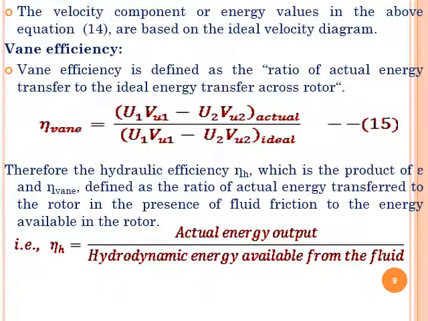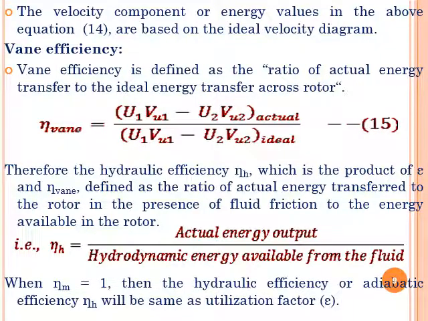Hydraulic efficiency is given by the ratio of actual energy output to the hydrodynamic energy available from the fluid. So when mechanical efficiency is equal to 1, the hydraulic efficiency or adiabatic efficiency eta H will be the same as the utilization factor.